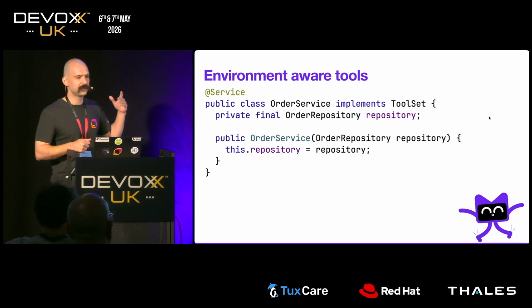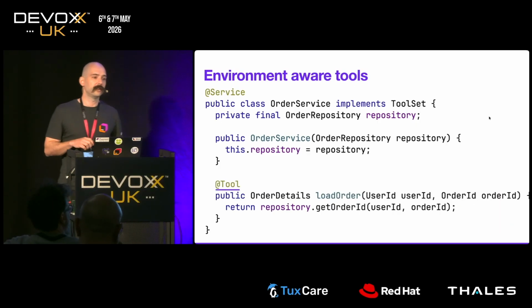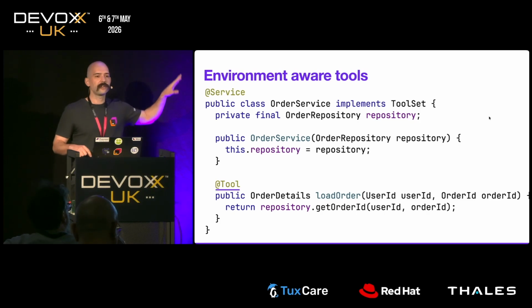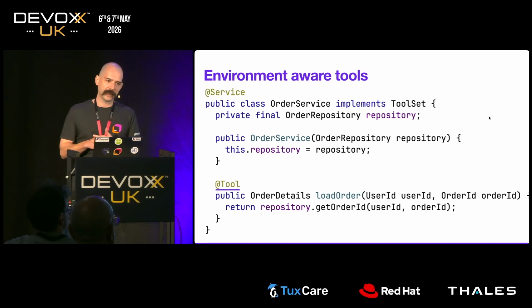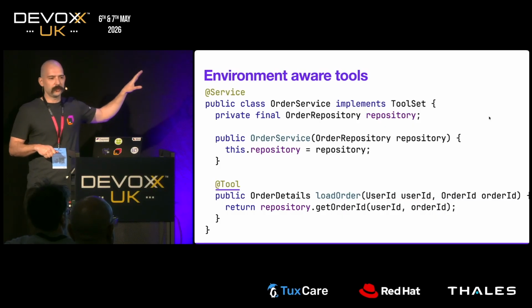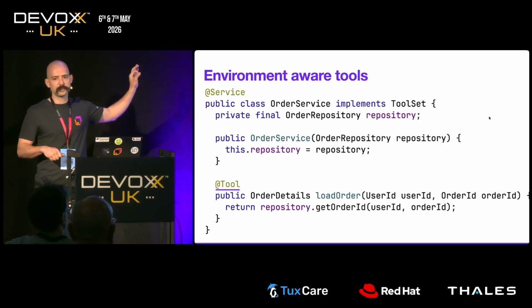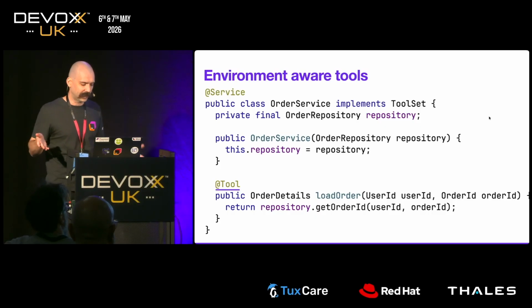And the toolset interface is a simple marker interface that tells Koog to scan all the functions in the class, and every function annotated with the add tool annotation will be considered a tool for the agent, right? And this makes it very easy to allow existing services to become tools, but to only allow a specific function as tools and not all the functions in your existing classes.